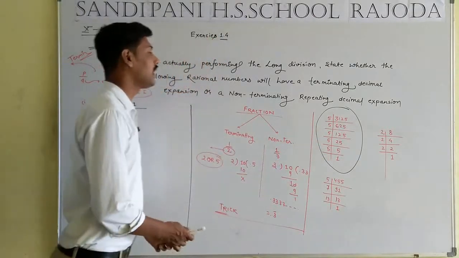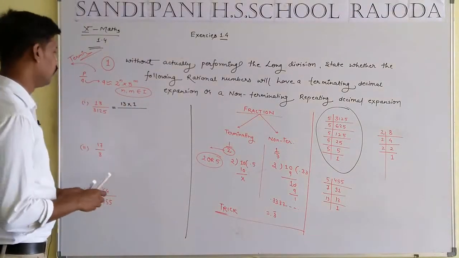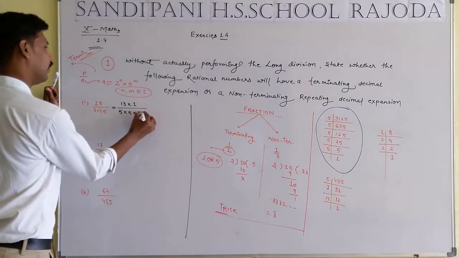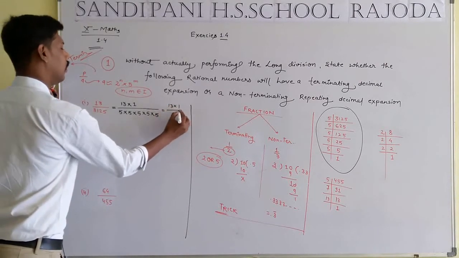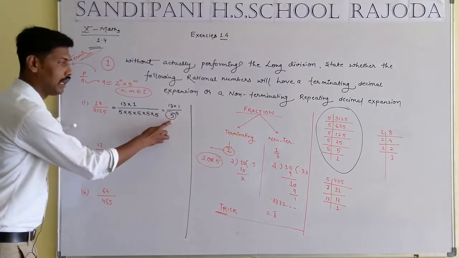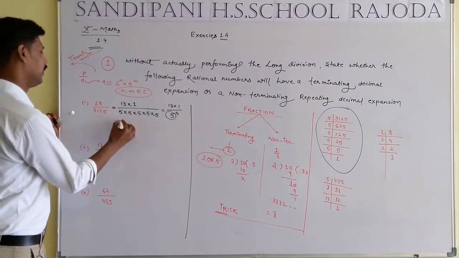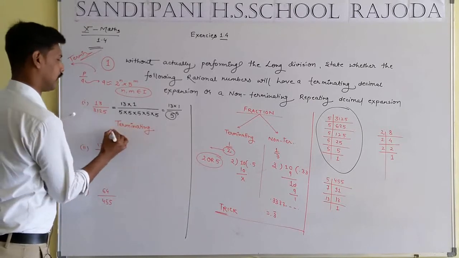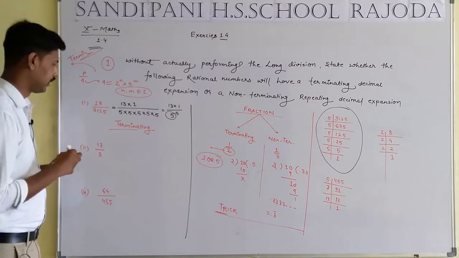That means we can write 3125 as 5 into 5 into 5 into 5 into 5, so 13 into 1 whole by 5 to the power 5. A single 5 or single 2 or both are known as terminating. ठीक है.